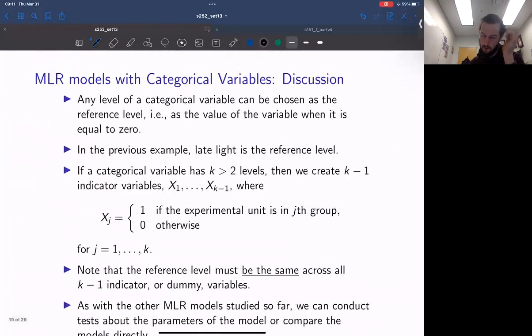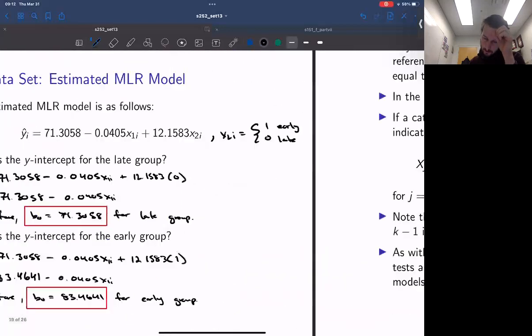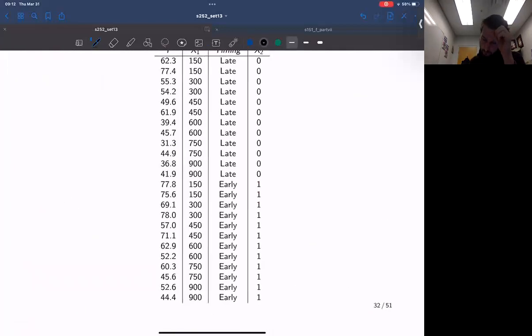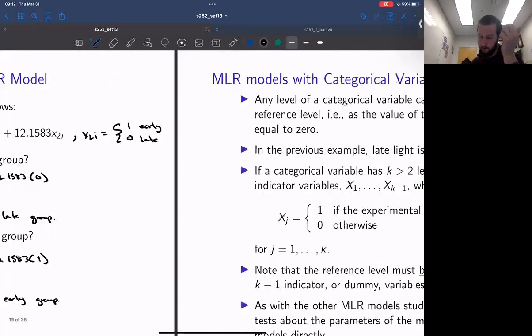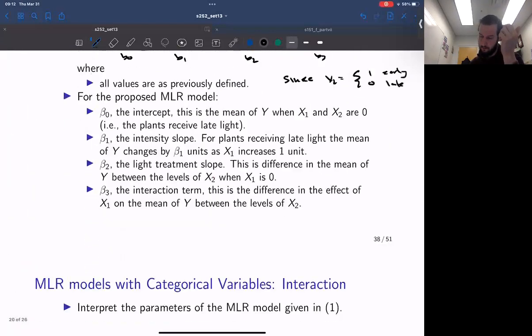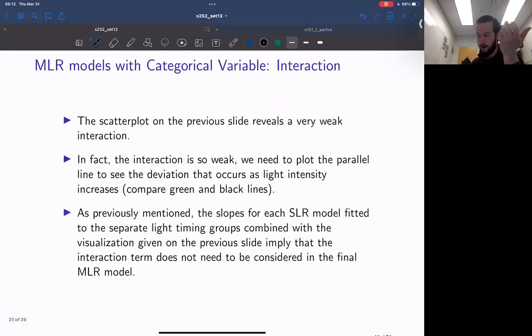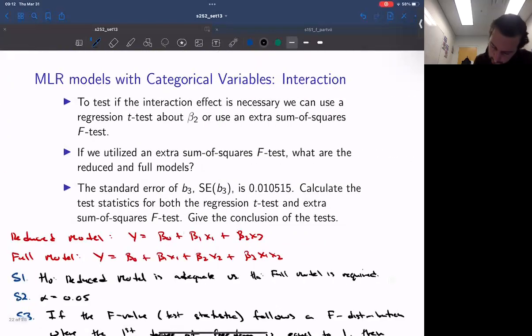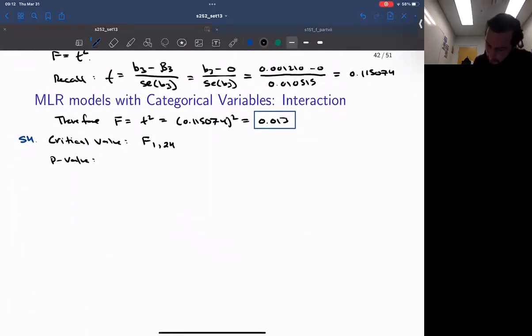Okay, so in this illustration, we had 24 values. So 24 points on the graph if you want, or 24 observations, minus the number of model parameters minus 1, 0.05. So this is F on 1 and 20, 0.05.